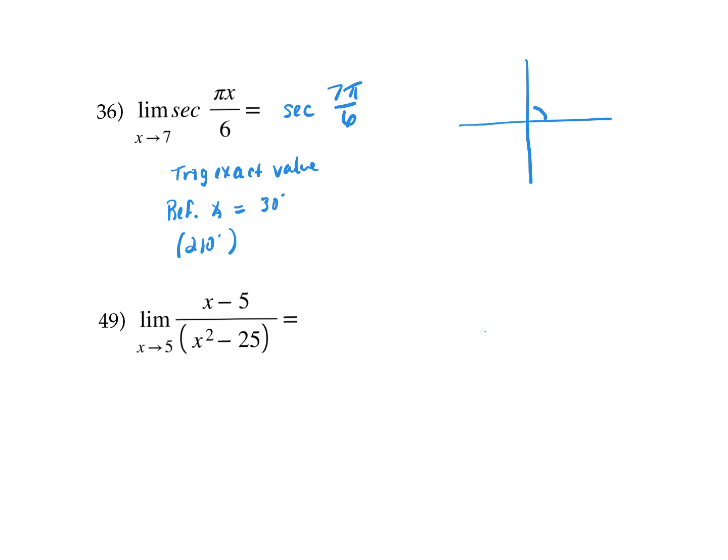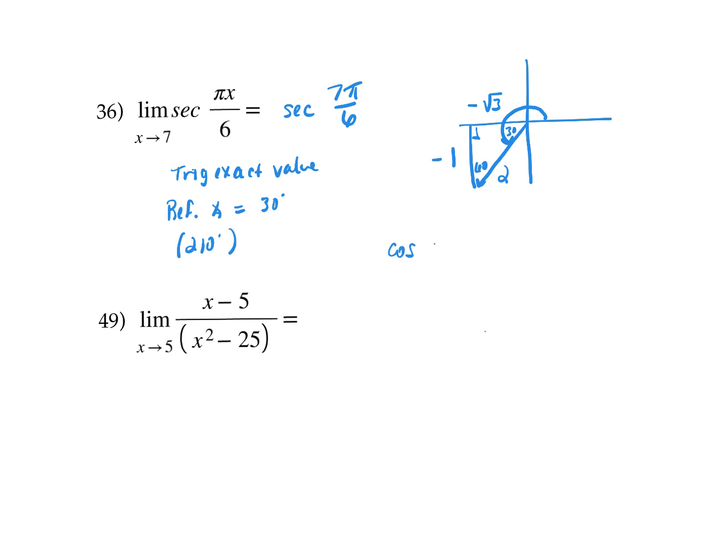All right, so just in case that helps you. 210, or 7 pi over 6, will put us into quadrant 3. And again, the reference angle is 30. So across from the 30 degrees, that side would have a length of 1, but we're in quadrant 3, so it's negative. Across from 60 degrees would be the square root of 3, but again in quadrant 3 it's negative, and the hypotenuse is 2.